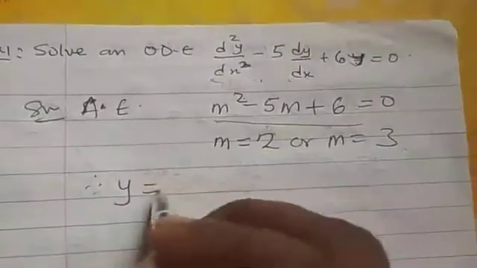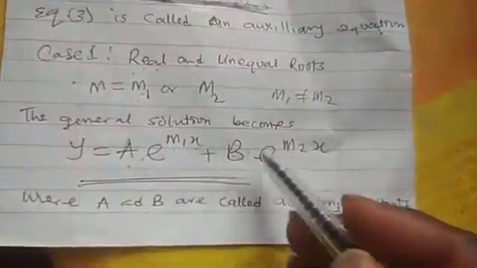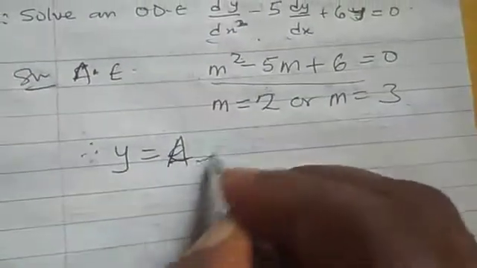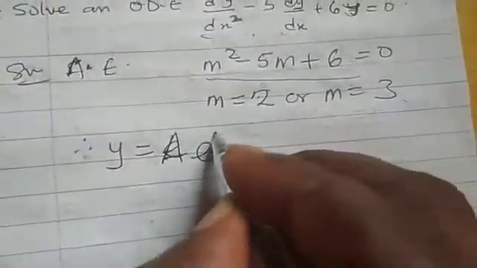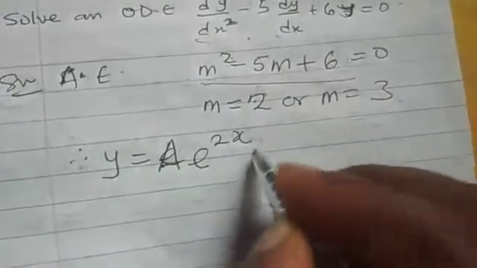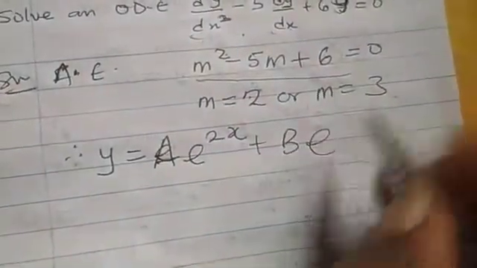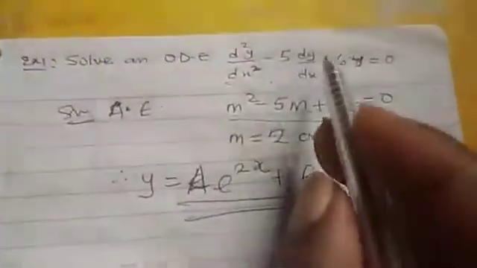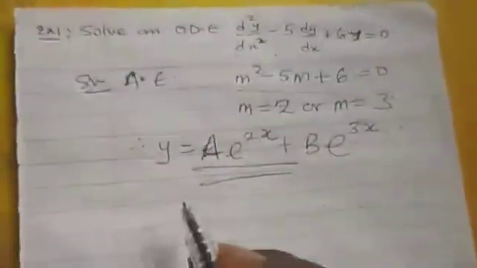Therefore, our general solution is a exponential m1x plus b exponential m2x. So here our answer is a exponential 2x plus b exponential 3x. So that is the solution of this differential equation.